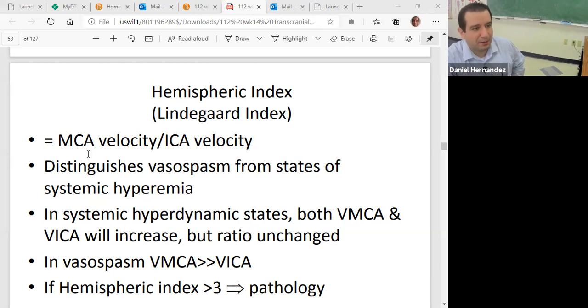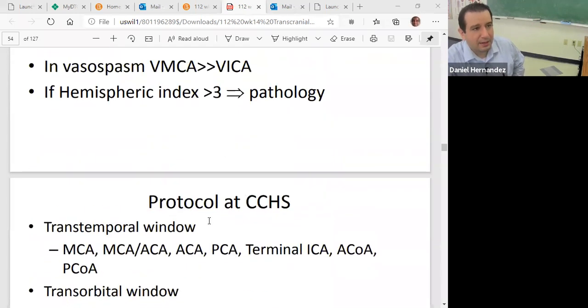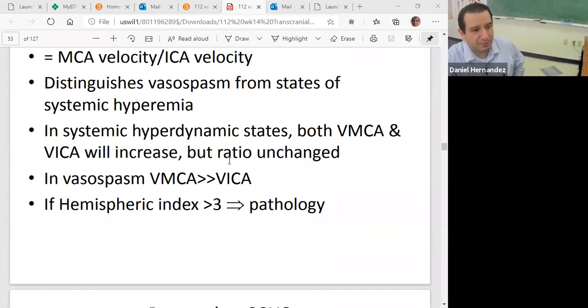So if this goes up by a factor of 3, this is going to go up by a factor of 3. So that ratio stays the same. In cases where we have vasospasm, we'll have an increased velocity in that middle cerebral artery compared to that internal carotid artery. So if we have a hemispheric index of greater than 3, that'll indicate pathology or the presence of vasospasm.